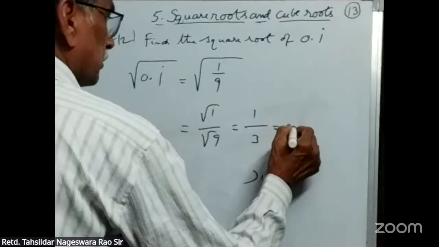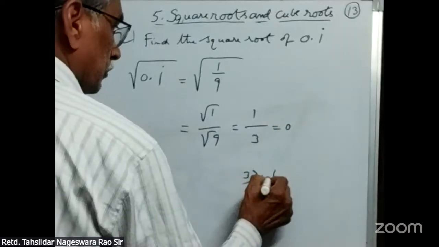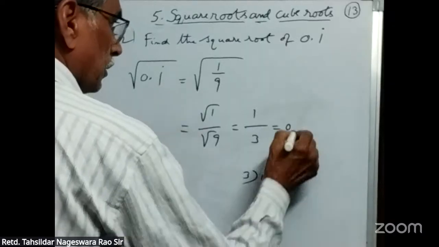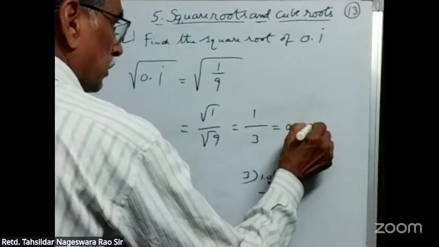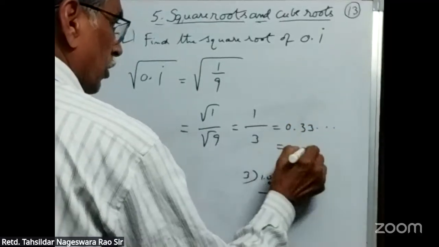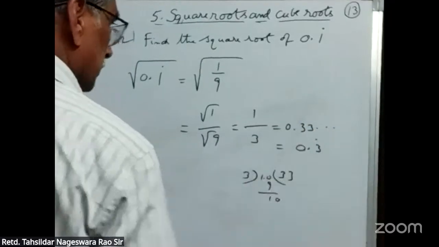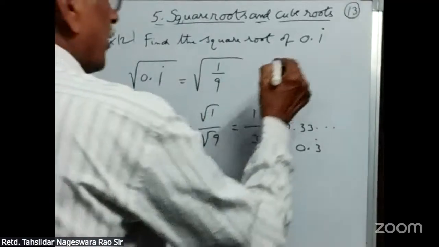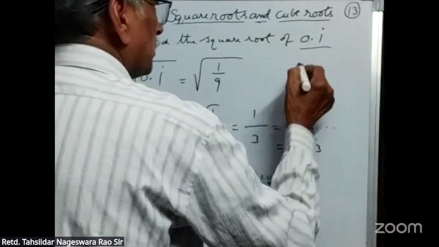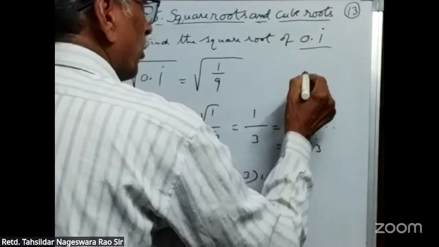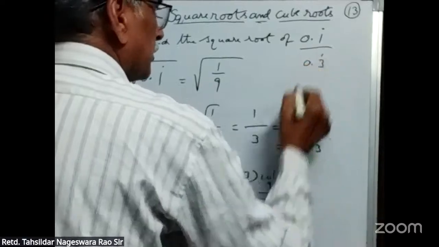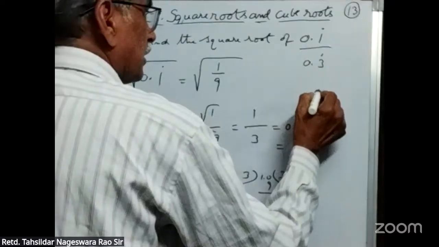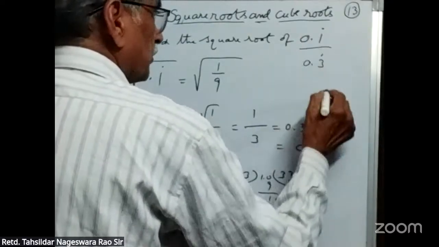You will get 0.33 and so on. That will be 0.3 recurring. Peculiarly, for 0.1 recurring, the square root will be 0.3 recurring. In regular numbers, 3 squared cannot be 1.